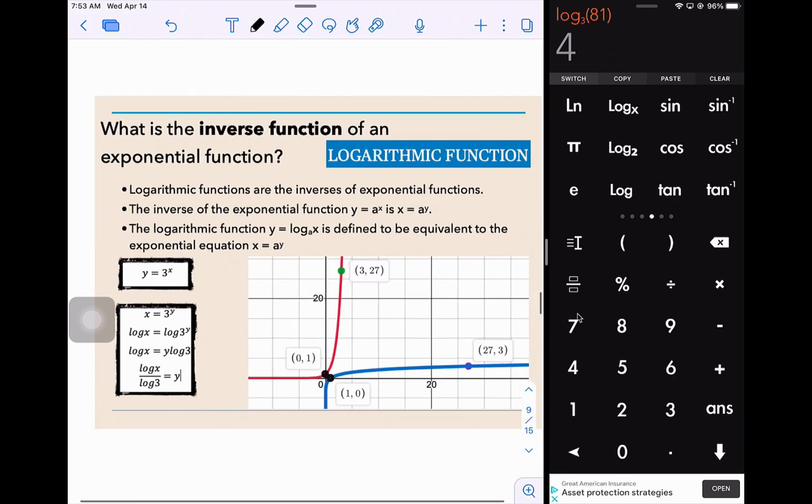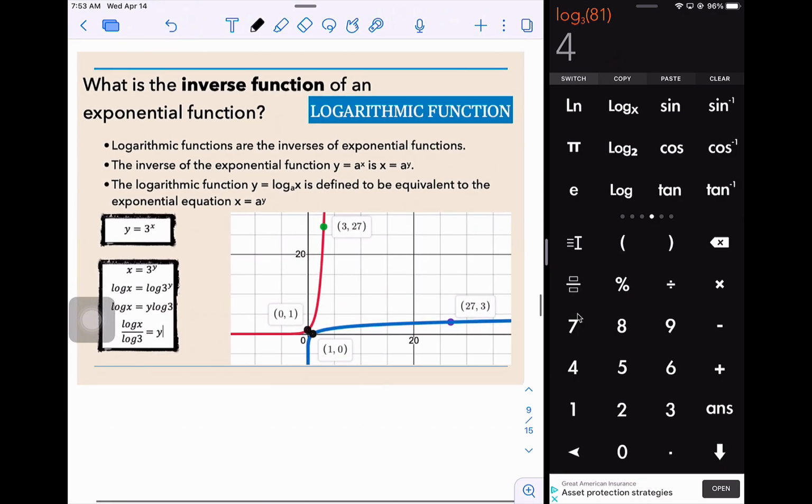Well, if you then take a look at the next slide, there's how it relates to exponential functions and logarithms. So notice the one in red is the equation y equals 3 to the x. That's the actual graph of y equals 3 to the x. And again, we could find the inverse function. Here's what the logarithmic function looks like. Remember there was that reflection over the diagonal line, y equals x?